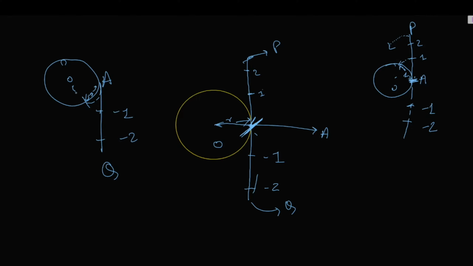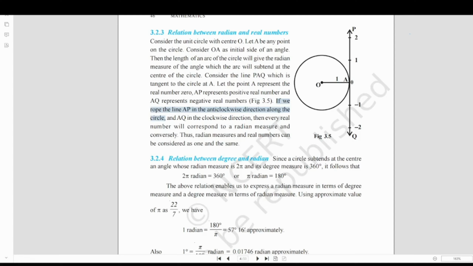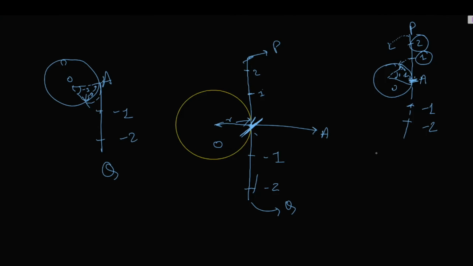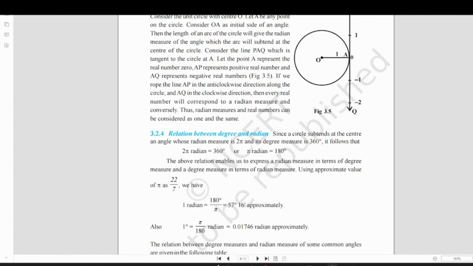So this will extend a negative radian, and this will extend a positive radian, and whatever the value is, those are coming from the real numbers. That is what it means here: radian measure and real numbers can be considered the same. Okay, so that's up to here.